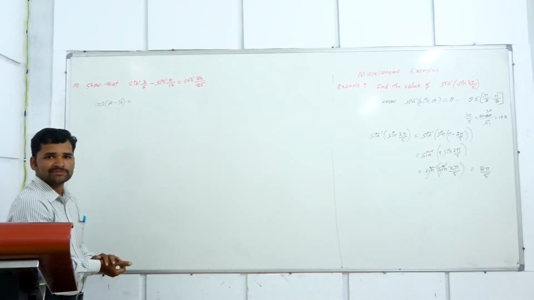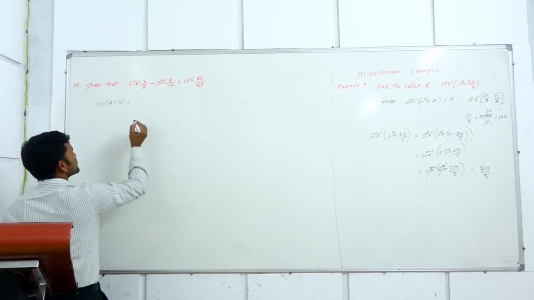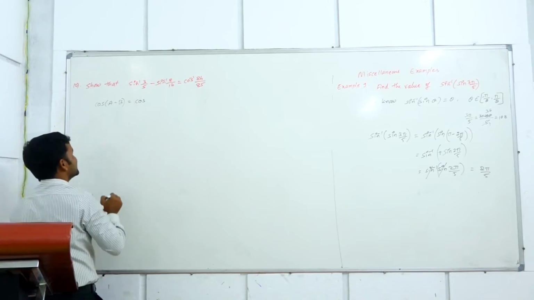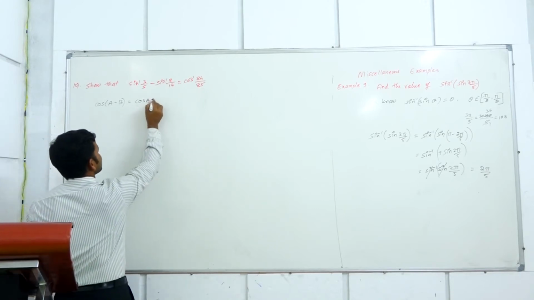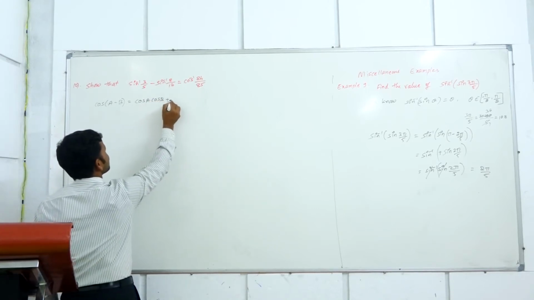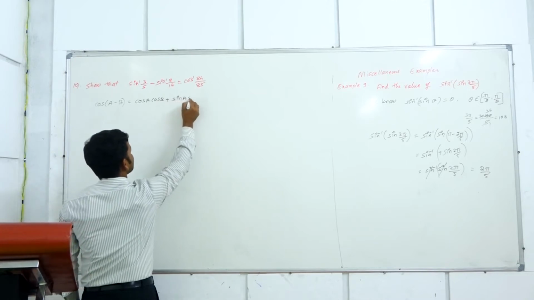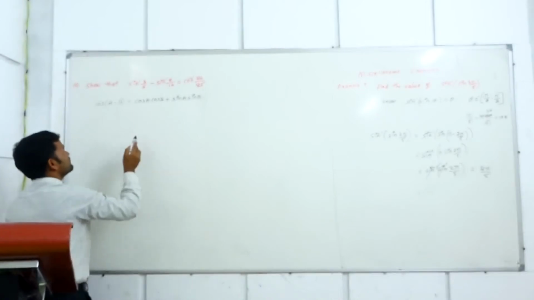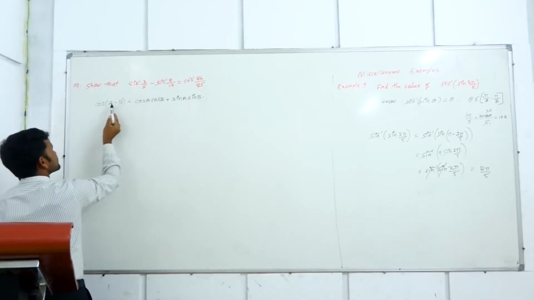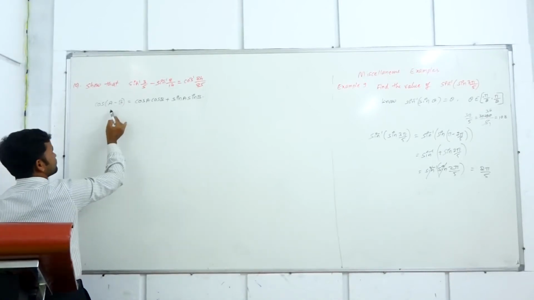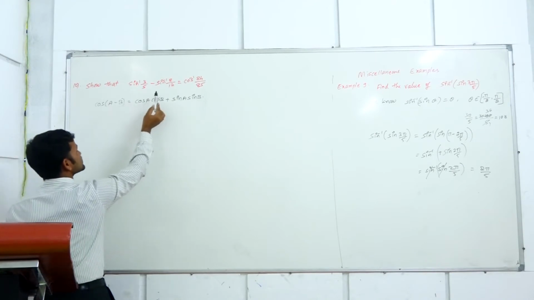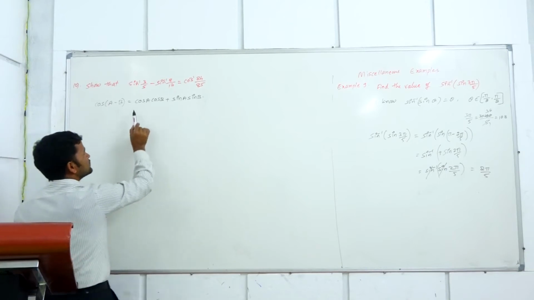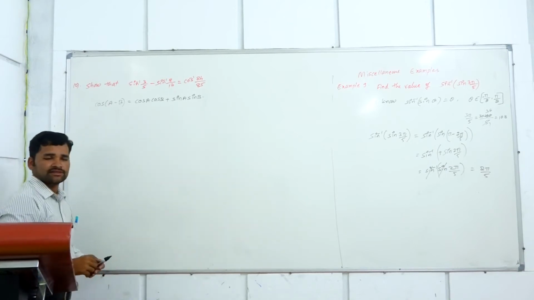Cos of a minus b is equal to, we have studied the formula in the first PU, that is cos a into cos b plus sin a into sin b. Now what we will do, we will substitute a is equal to sin inverse of 3 by 5 and b is equal to sin inverse of 8 by 17. We need to find out all these values.